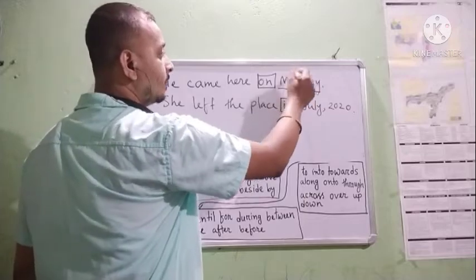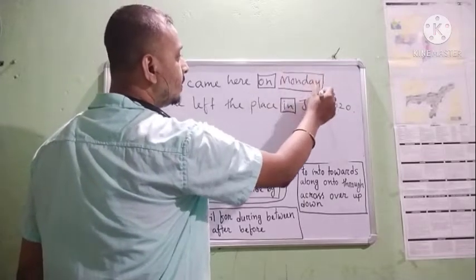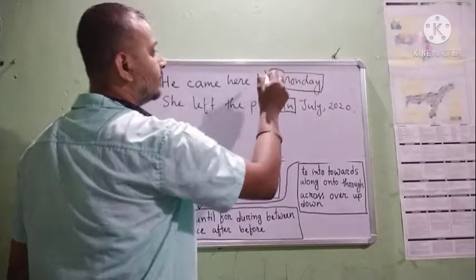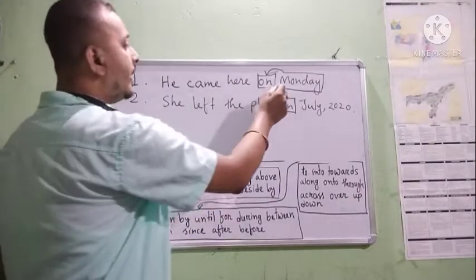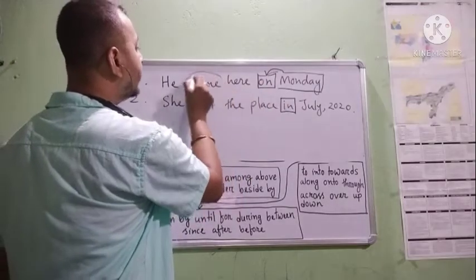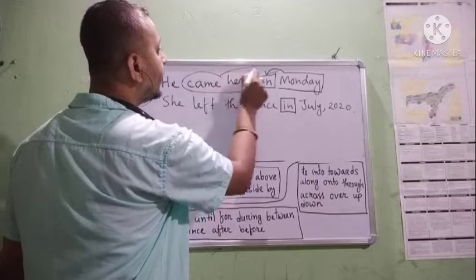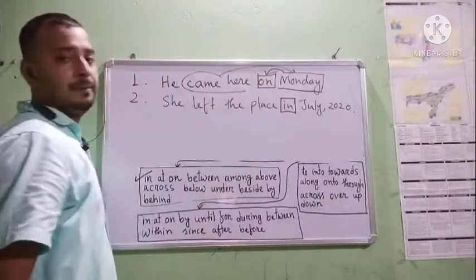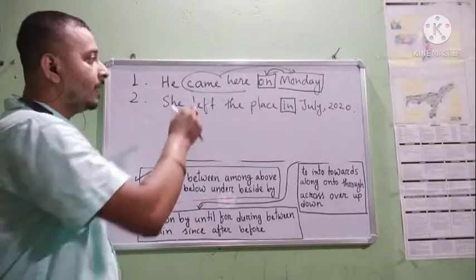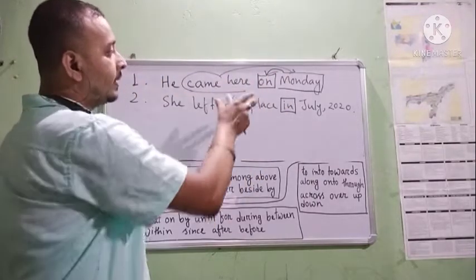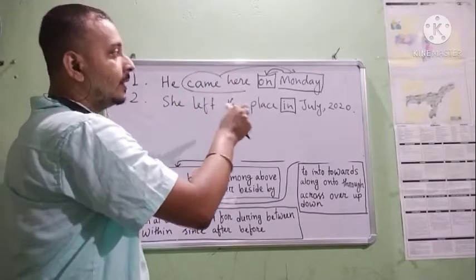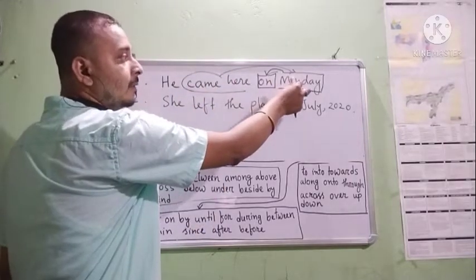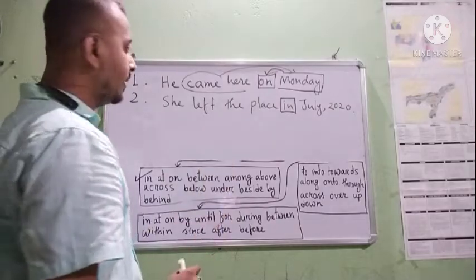So it is a time. So on is a preposition of time, and it maintains the relation with came here, when, on Monday. So on is a preposition maintaining the relationship in the sentence with other words, and it is coming before a noun. Monday is a noun.